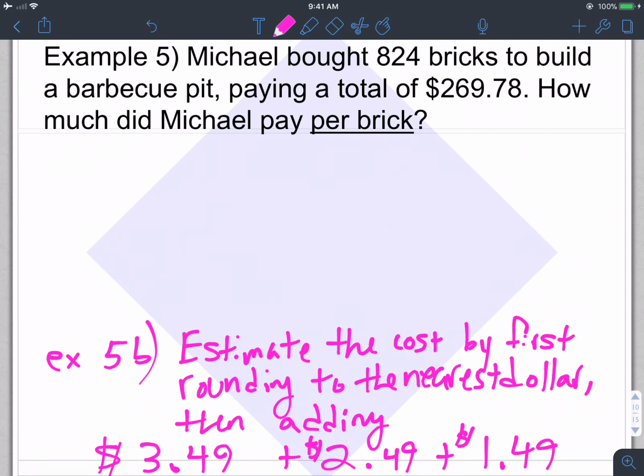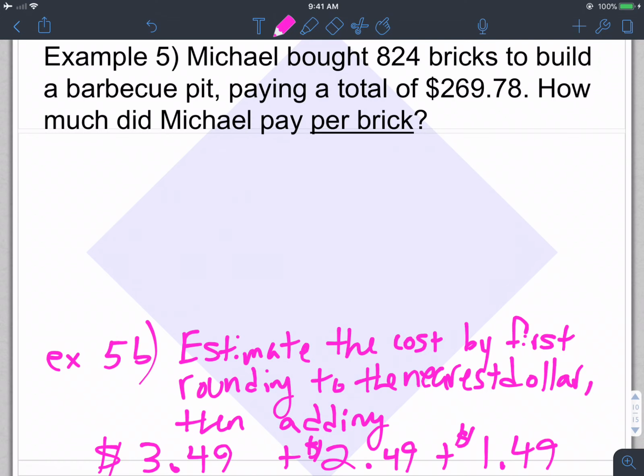Okay. Keyword. Awesome. Per is the keyword, and that should say to you what? Divide. Okay, so this is one of those per brick.